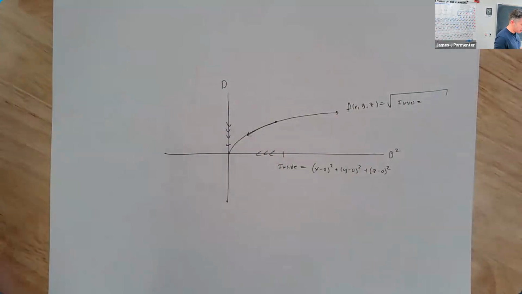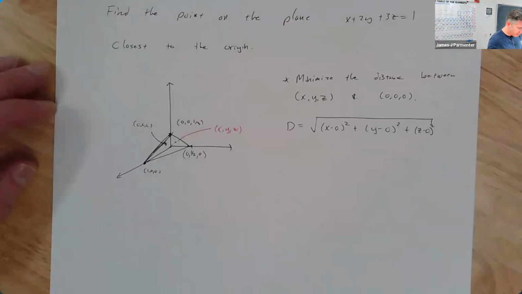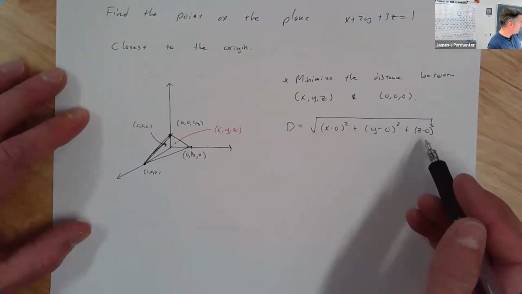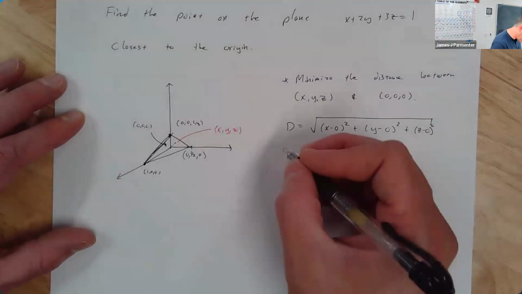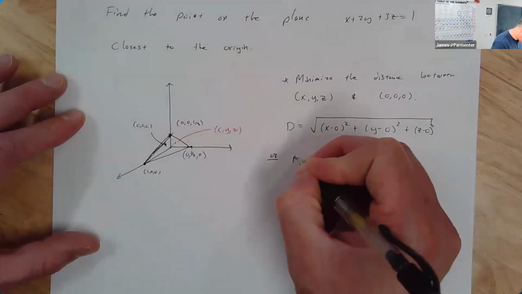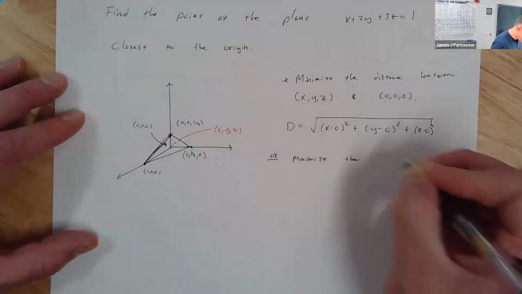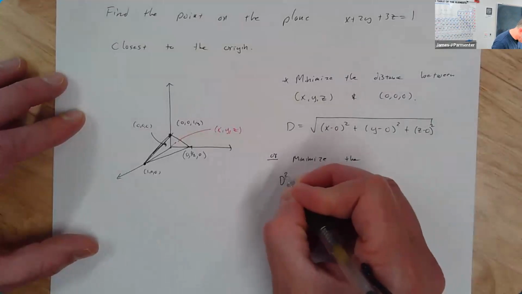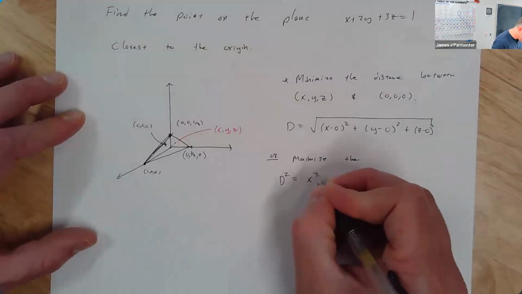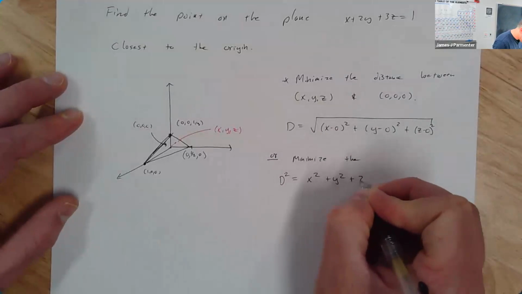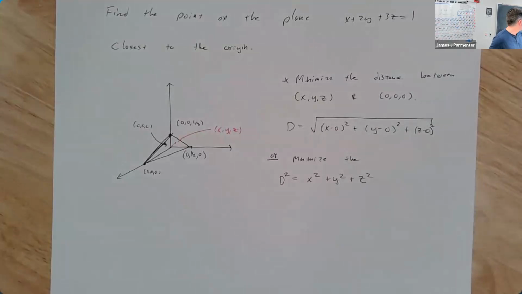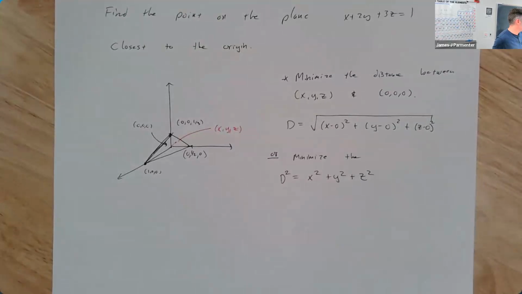The sum up here is that instead of trying to minimize the square root of all this stuff and use derivatives that way, minimize just the insides. In other words, the square of the distance. And that is a very, very common tactic people use all the time.